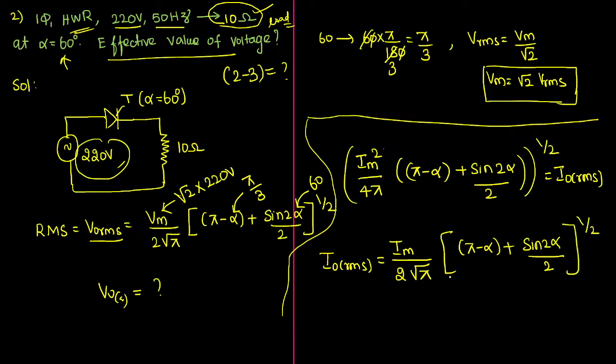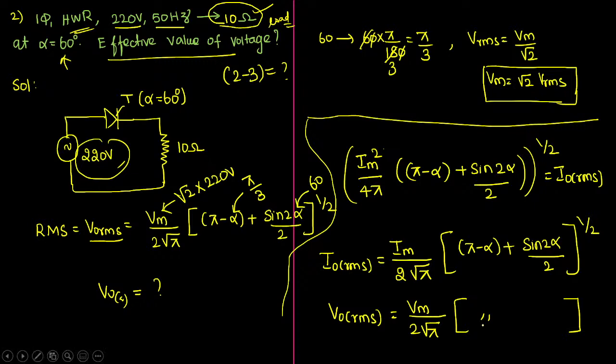Now it is time to understand one more thing. Guys, listen. You might have observed for the V0 RMS also I wrote the same formula, but there the change is Vm by 2 into root of pi, and here I kept the same expression without any changes. What is the difference? In place of Vmax, I am having Imax.